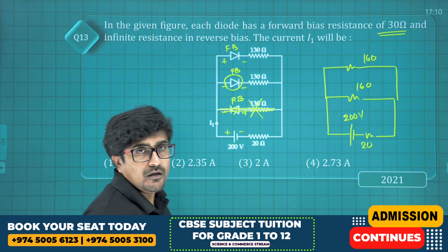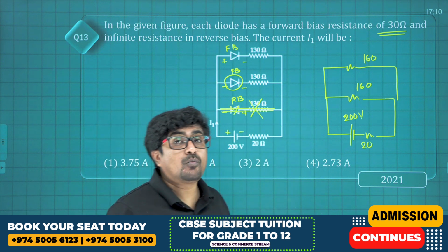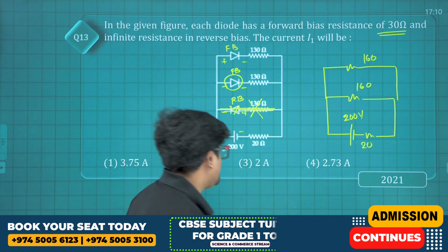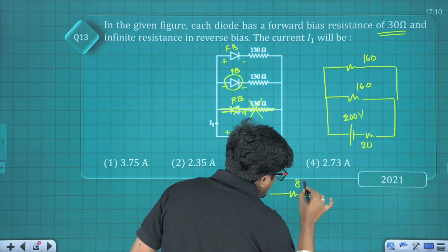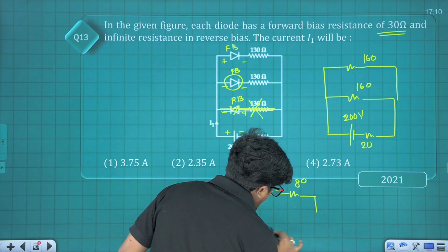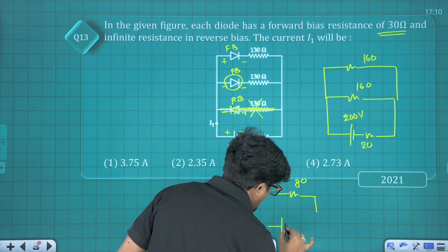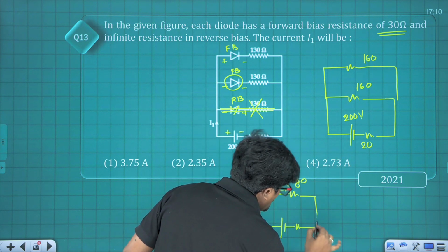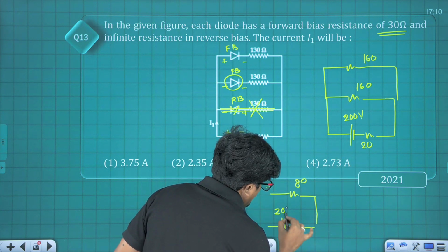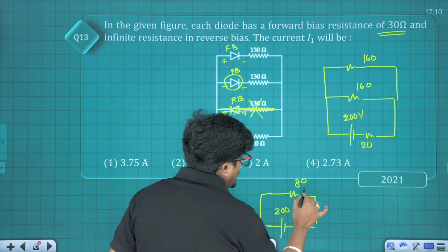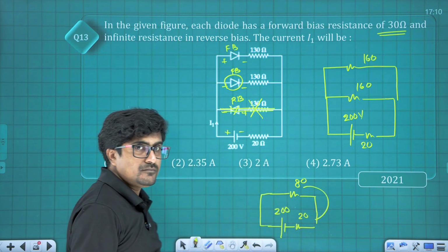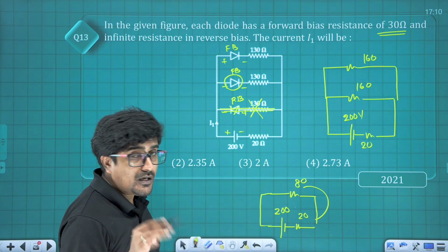Alright. 160 parallel 160, it should be 80. Okay, so I am going to draw the circuit like this. It's 80 and here I have got 200 volt, and I am having 20 resistance. So altogether this is offering 100 resistance, as total resistance is coming as what? 100.